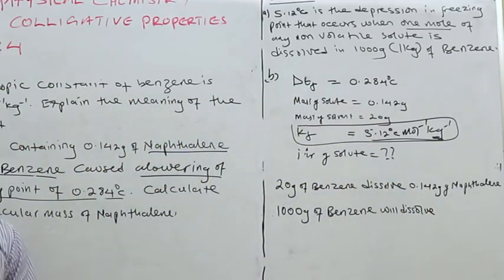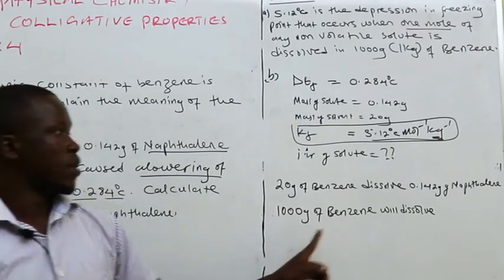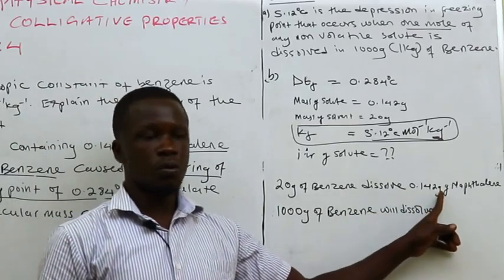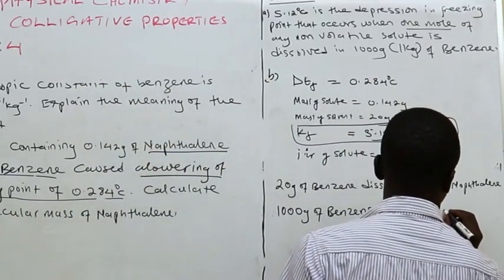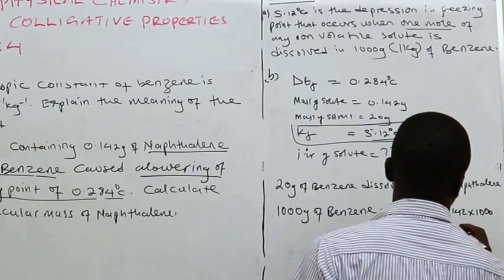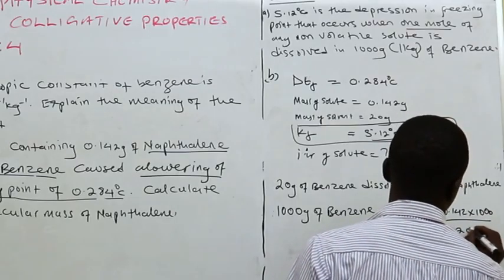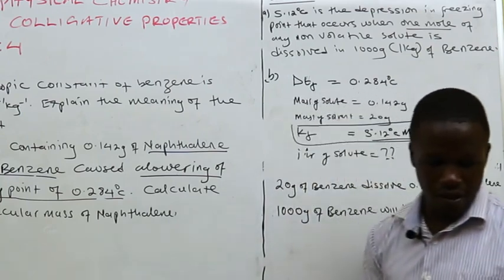You get 1,000 times 0.142 divided by 20. So you will get 0.142 times 1,000 divided by 20 grams, and we get our answer.